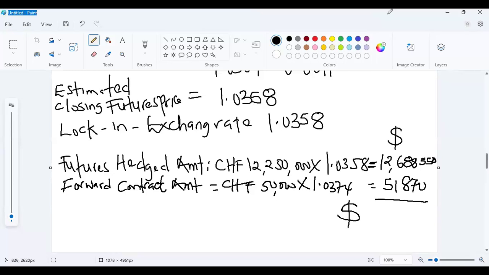Total dollars we are going to get is 12,688,550 plus 51,870. This will give us 12,740,420. This is the amount the company will get in 6 months in dollars.